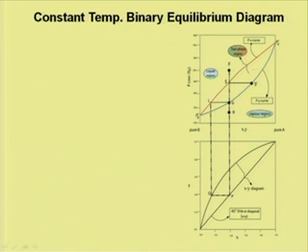The region below this curve, the Pxy curve at constant T: below this blue line represents the vapor region, above this red line represents the liquid region, and in between these two lines represents the two phase region.